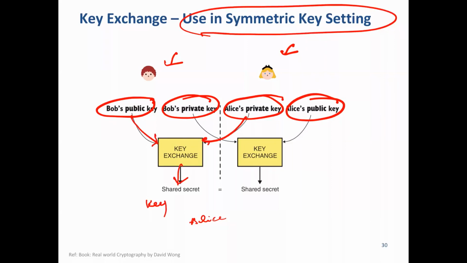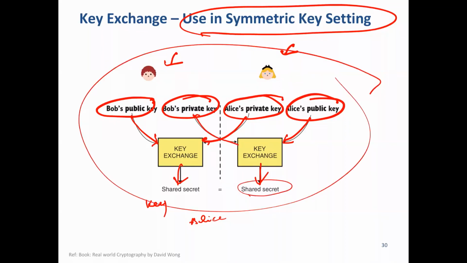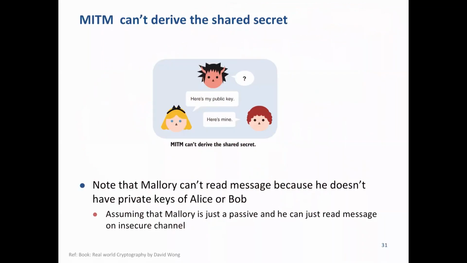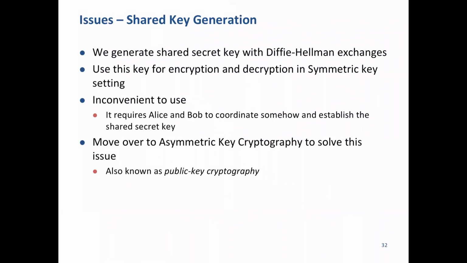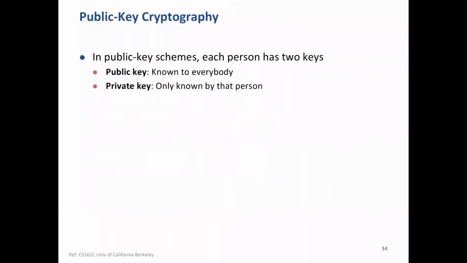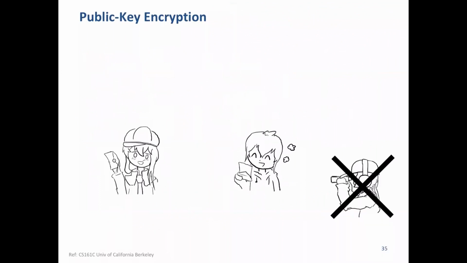Similarly, using Alice's public key and Bob's private key, again the secret can be generated. This is what we have studied so far in the symmetric key setting, but we have seen that the man in the middle attack is possible. So in order to overcome that, we tweak this slightly.